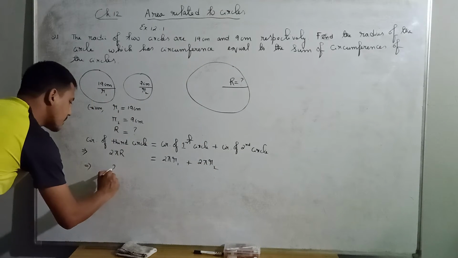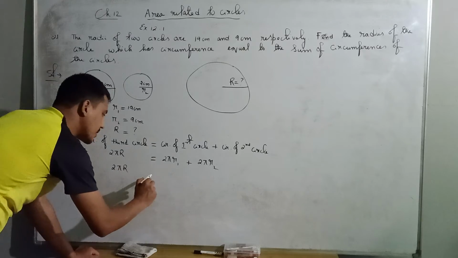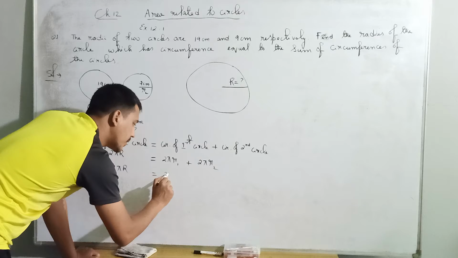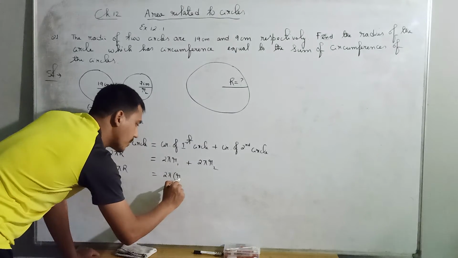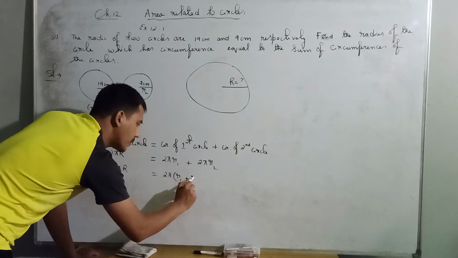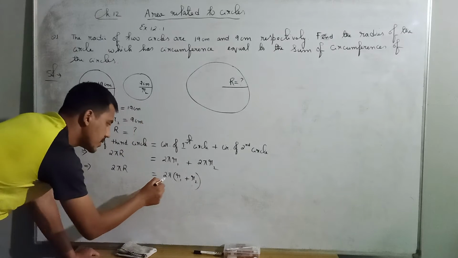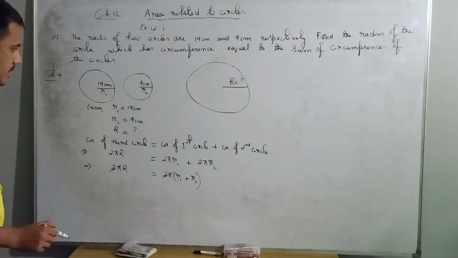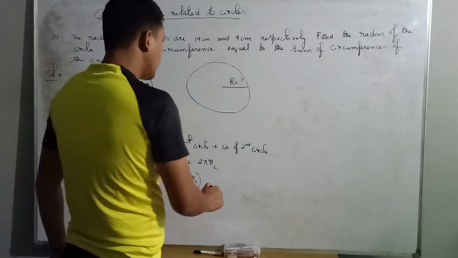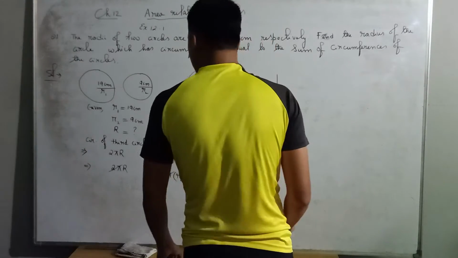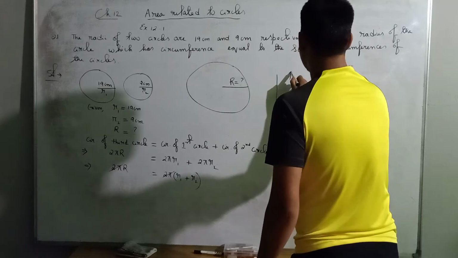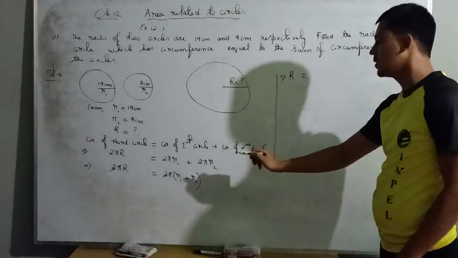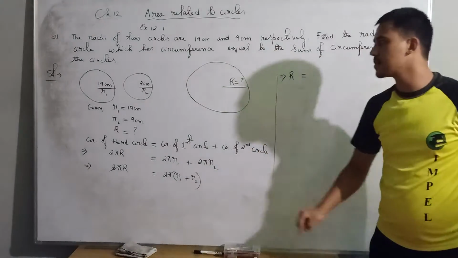So this implies 2 pi R is equal to, we can take 2 pi common. If we take 2 pi common, we have r1 from here, plus we have r2 from here. So 2 pi gets eliminated from both sides. Then we have capital R is equal to small r1 plus small r2.